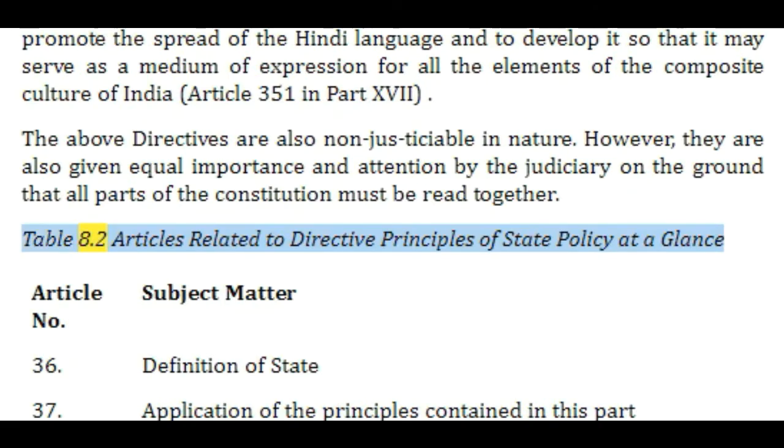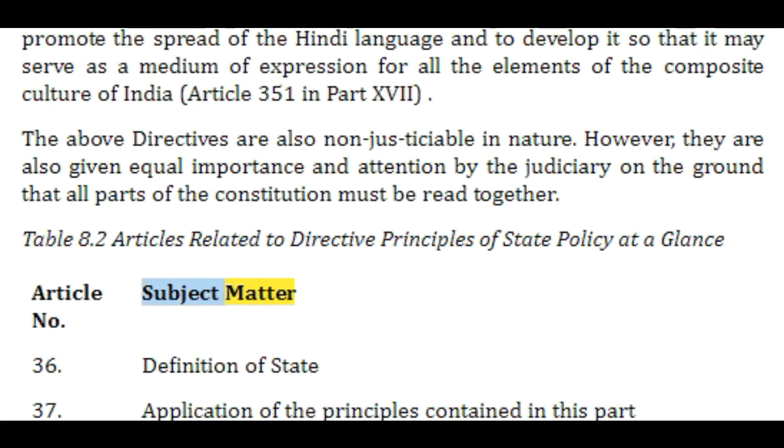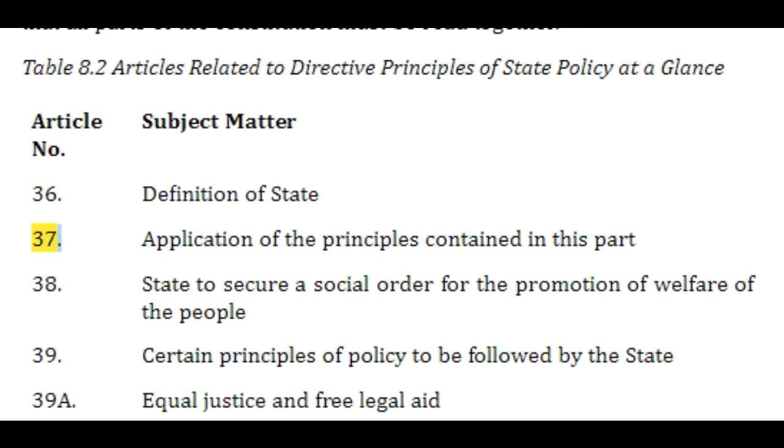Table 8.2 Articles related to Directive Principles of State Policy at a glance. Article No. Subject Matter. 36. Definition of State. 37. Application of the principles contained in this part. 38. State to secure a social order for the promotion of welfare of the people. 39.